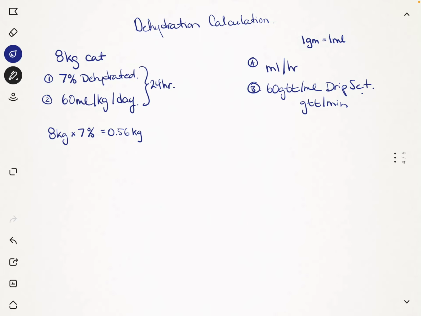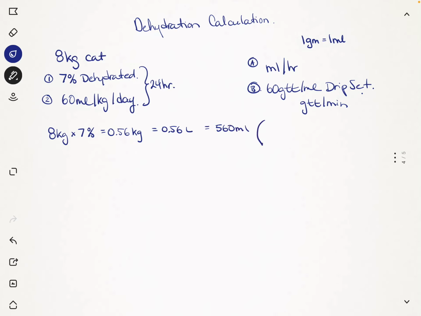So let's go ahead and go like this, which is equal to 0.56 liters. Now, if I asked you how many mils that was, we can quite easily use our conversion factor, because there are 1,000 mils in 1 liter. So we can times 0.56 by 1,000, which is going to give us 560 mils.